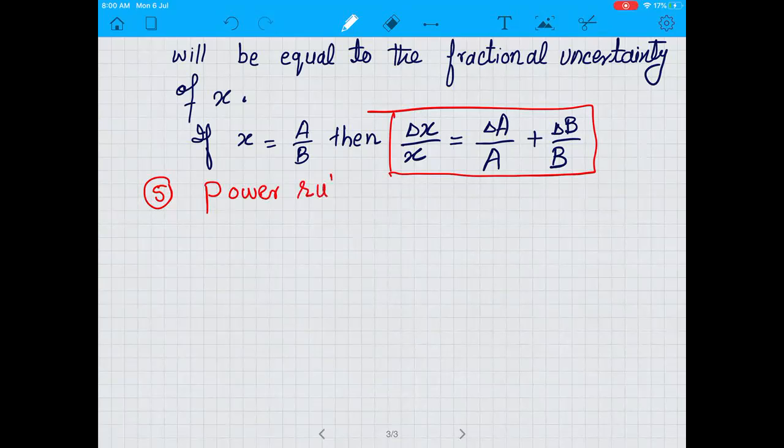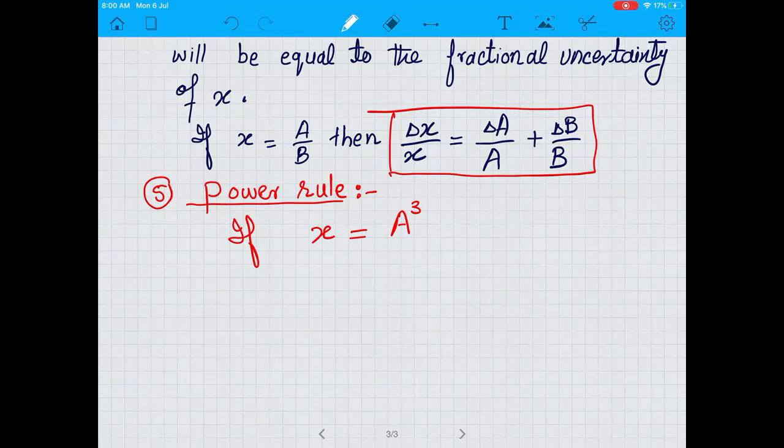While writing a formula for uncertainty, the power will become the coefficient. Just for example, if X is A power 3, now X is a quantity that is equal to A power 3. What would be the uncertainty in X?